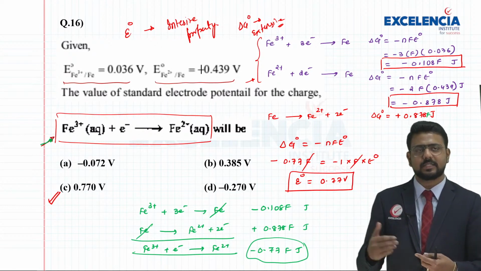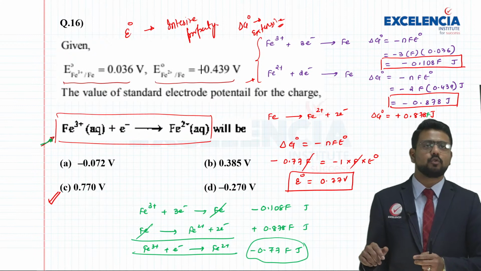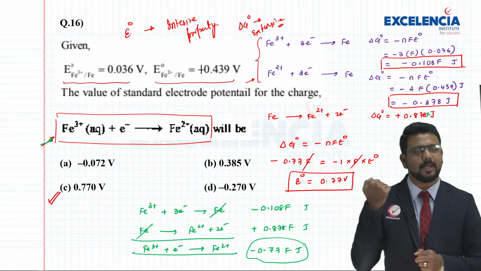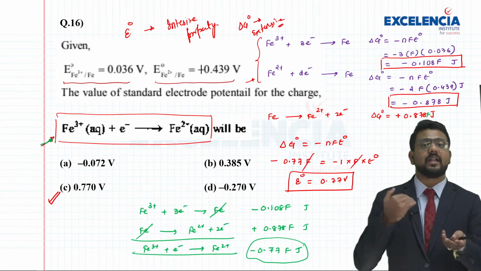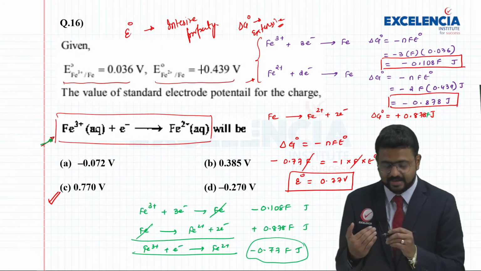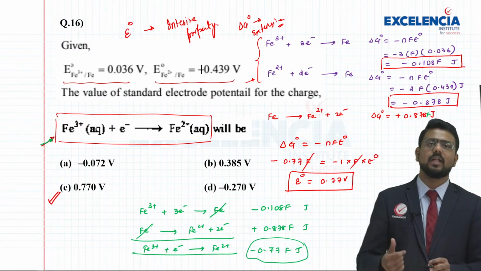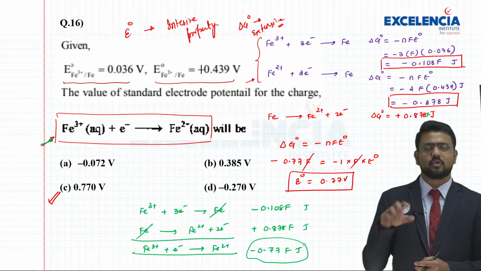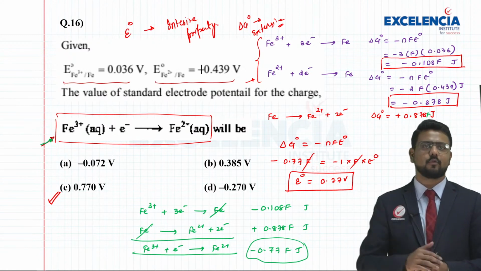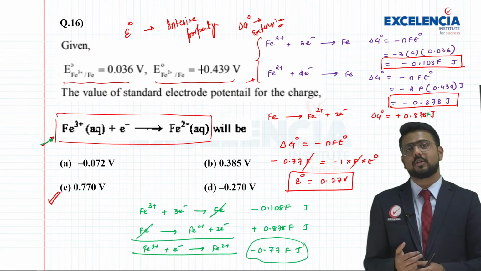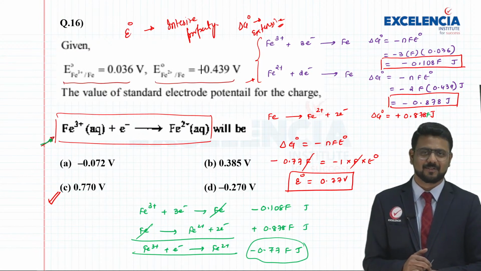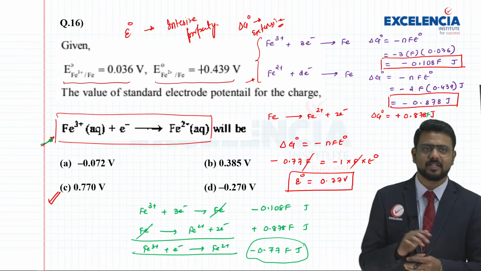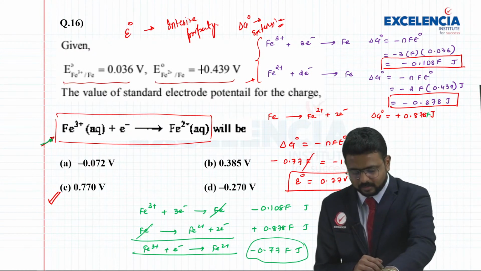So what we have done in such cases is, whatever E naught values were given to us, we first converted them into Gibbs energy change values, eventually found it for the final reaction, and from there we got the answer for the EMF or electrode potential. Such kinds of questions they can ask you in terms of copper as well, because copper could also exist in variable oxidation numbers, right? I hope you got a clear understanding here. So let's move on with the next question.